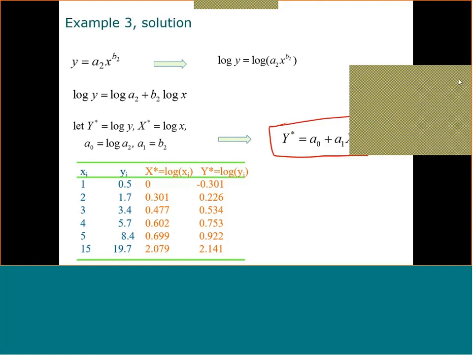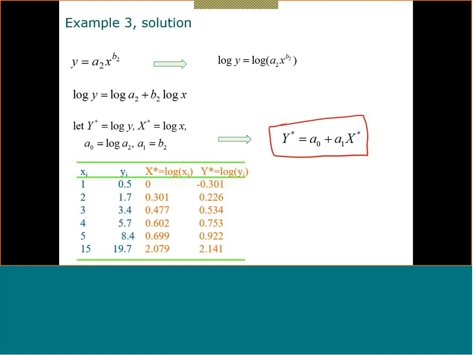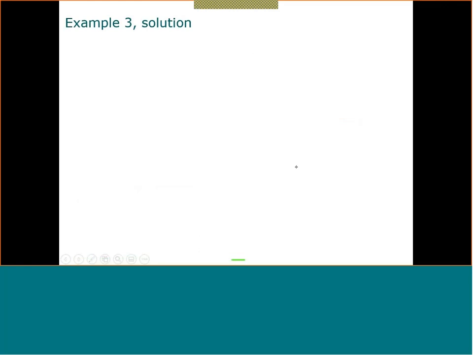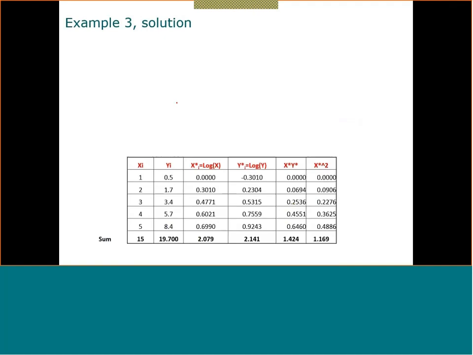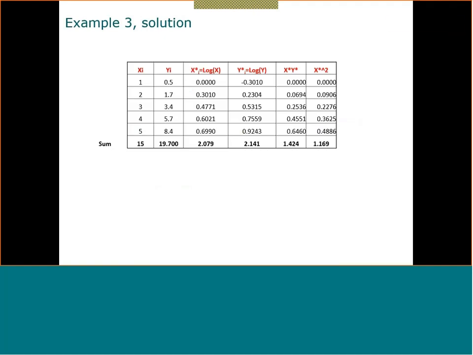Now we are set. Now I will forget about these values. I don't need these values. Now this is my complete table. You have to do it. As I said, these values are not relevant to me now.